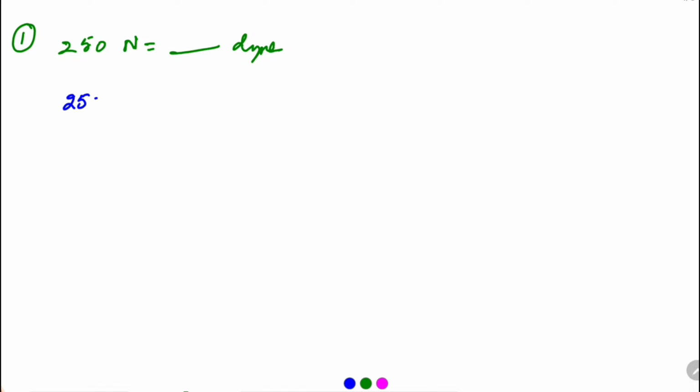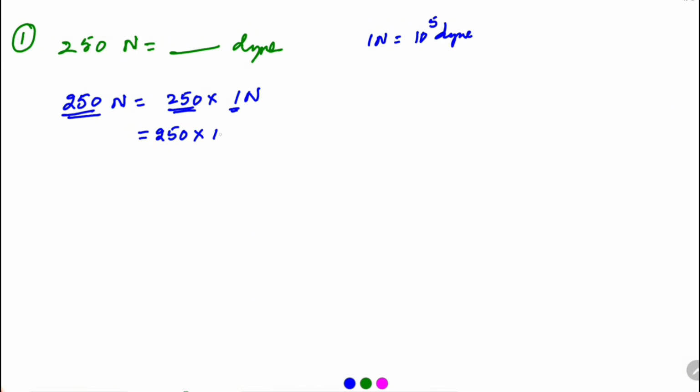So 250 Newton can be written as 250 into 1 Newton. When you multiply this 250 with 1, it gives 250, so its value doesn't change. So write 250 into 1 Newton. How many dyne is 1 Newton? 1 Newton is 10 power 5 dyne, just now we learnt. So just substitute that value, 10 to the power 5 dyne.